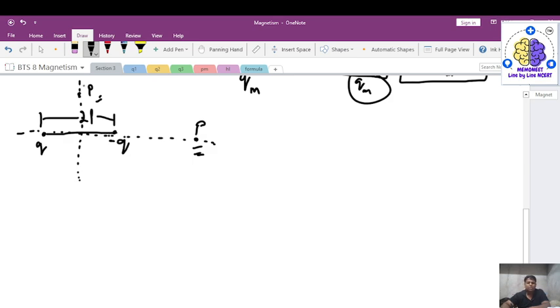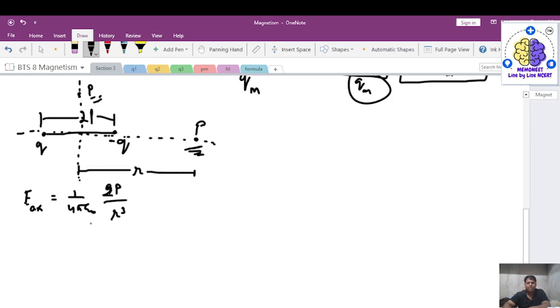For both the end-on position and the broadside-on position, we calculated the electric field intensity. For the axis, if you remember, it was 1 by 4 pi epsilon naught into 2p upon r cube, where r is the distance of the point P from the center of the dipole.